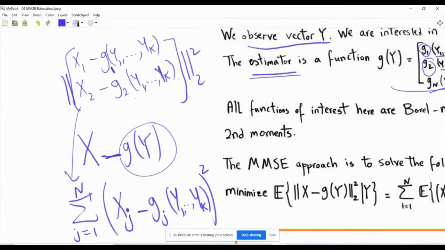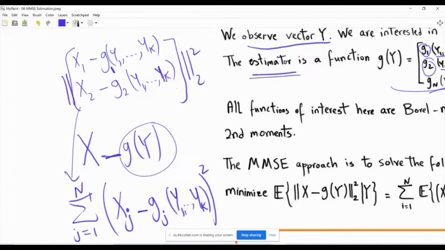The L2 norm squared of a vector is the sum of the squares of the components. So you take each error squared and then you sum over all the components. So this will be the inner quantity here.